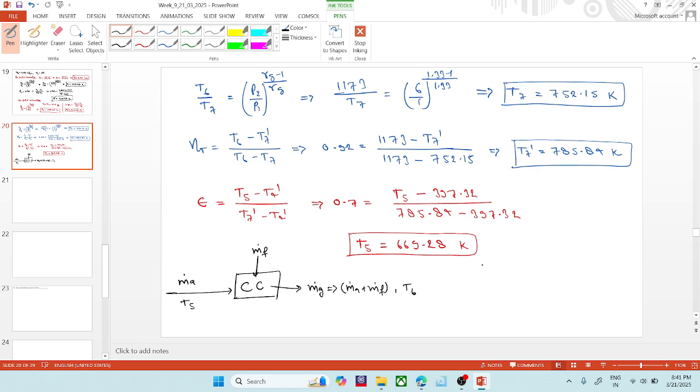So we have to write the energy balance equation for the combustion chamber.